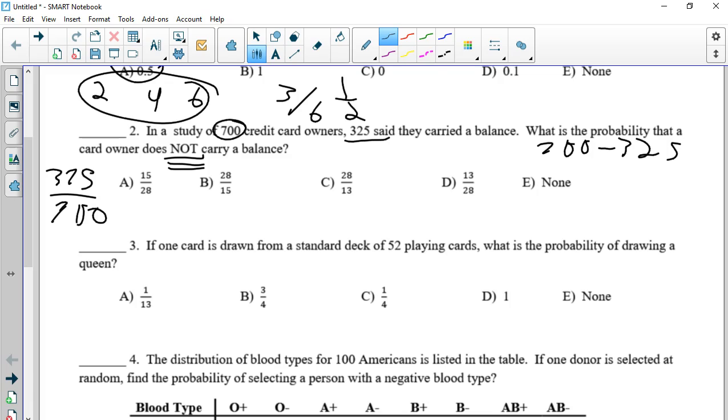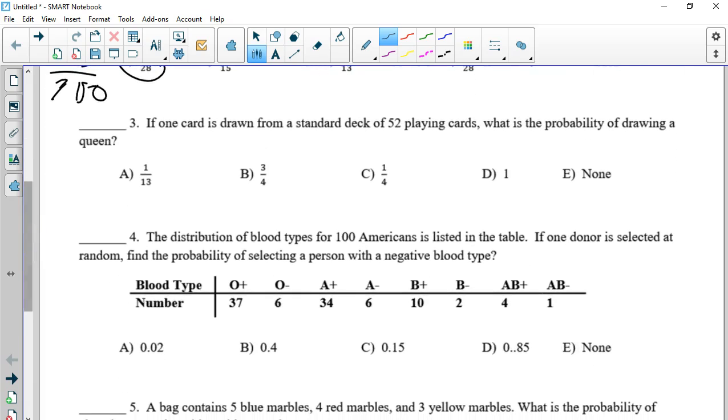But if we reduce, now you can reduce by 5, okay? But hopefully your brain goes, wait a minute, those are all multiples of quarters. I can divide by 25. Eventually I'm going to get down to 15 over 28. And the answer is A again. If I divide by 25, I will get down to 15 over 28.